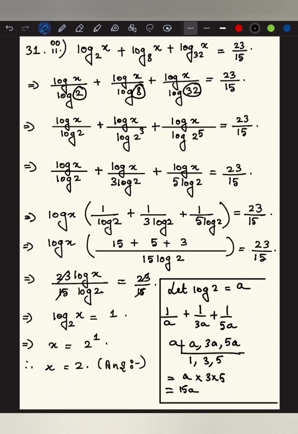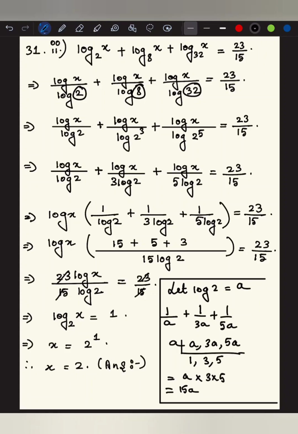In other words, by how much we need to multiply log 2 so that we get 15 log 2? We have to multiply it by 15. Since we are multiplying the denominator by 15, we have to multiply the numerator by 15 as well, so it will be 1 into 15, which is 15. Similarly, 3 log 2, we need to multiply numerator and denominator by 5, so it will be 5. And similarly here 5 into 3 is 15, so it will be 3.